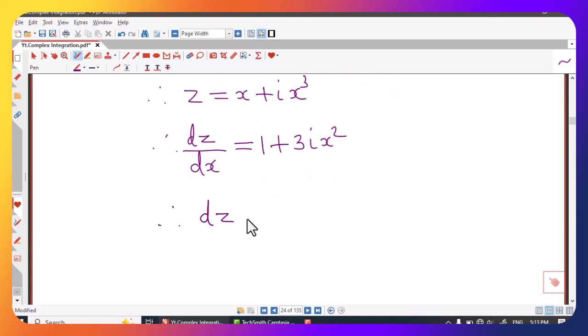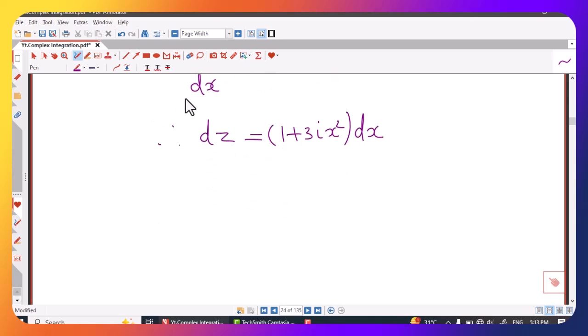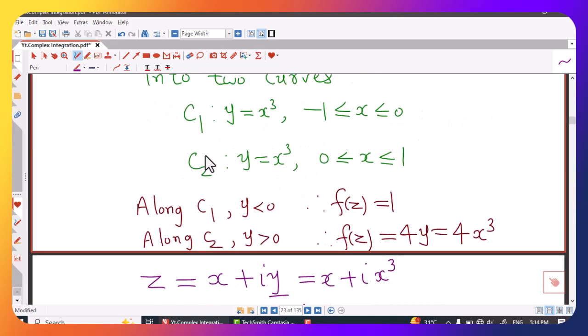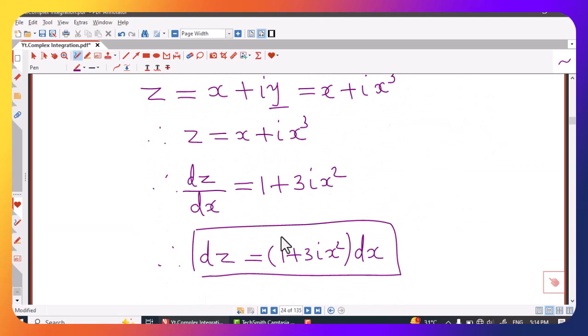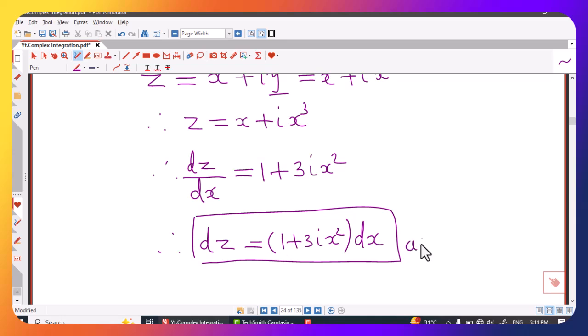Therefore dz becomes 1 plus 3i x square times dx. So we have converted dz in terms of x, and we have f of z in terms of x. Here f of z becomes a constant and dz remains the same along C1 as well as along C2. So we can write dz equal to this along C equal to C1 plus C2.